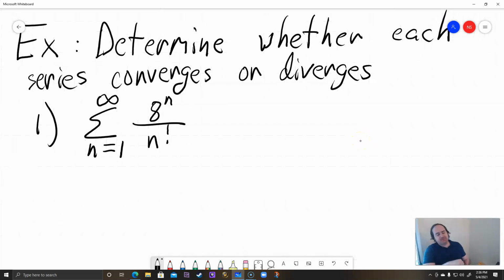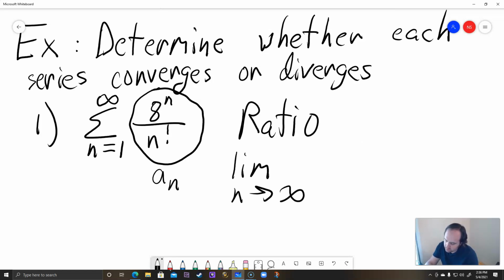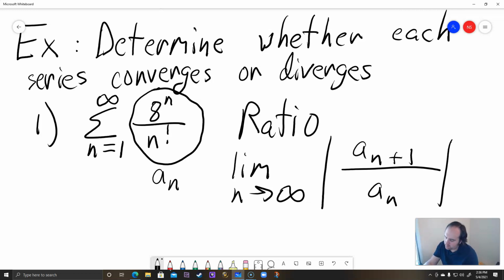Okay, so for this one, we're going to be using the ratio test. The first thing we do is write down the ratio. So remember what we're starting with here, the 8 to the n over n factorial. This is a sub n. And for the ratio test, you take the limit as n goes to infinity of a sub n plus 1 over a sub n with an absolute value around it.